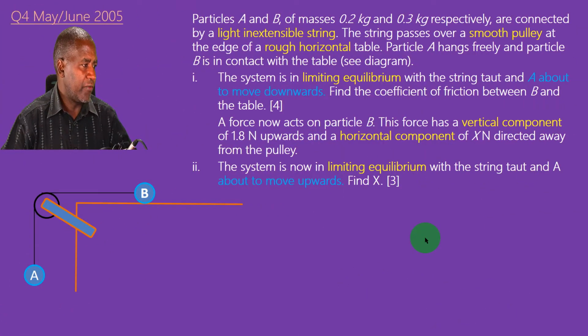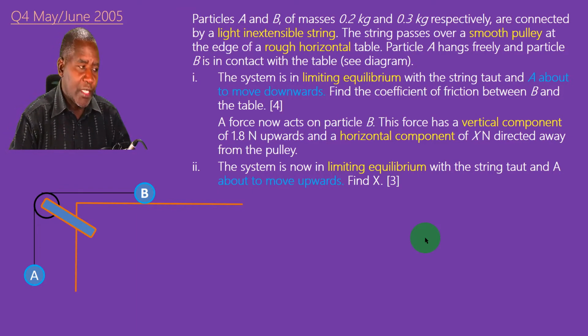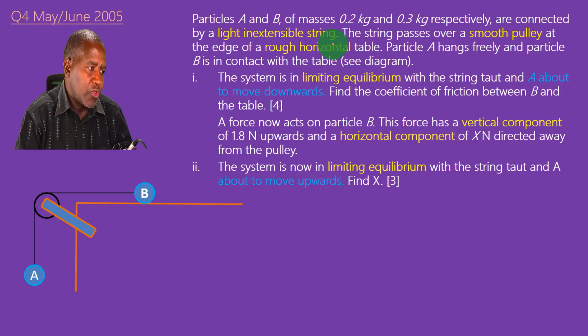So what do we have in question 4? In question 4, we are told that particles A and B of mass 0.2 and 0.3 kilograms respectively. So A has got mass 0.2 kilograms and B 0.3 kilograms, are connected by a light inextensible string.